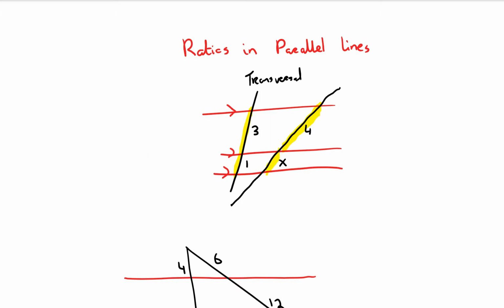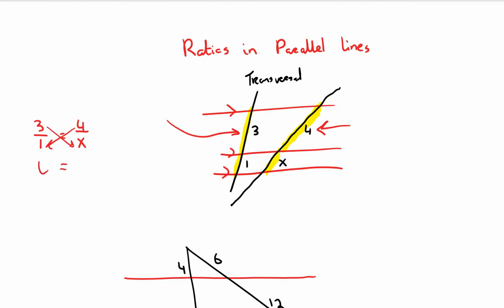So here's what I do. I look at this transversal. I'll put the big side over the small. Okay, so there's a ratio, 3 is to 1. And I can say that equals, and now look at the big side on this transversal, 4 over x. So to find out what x is, we can cross multiply.